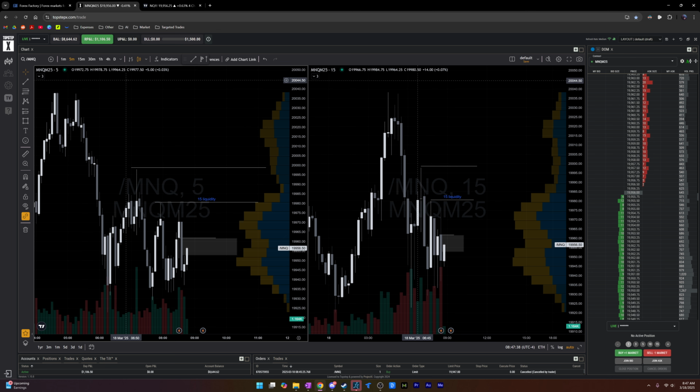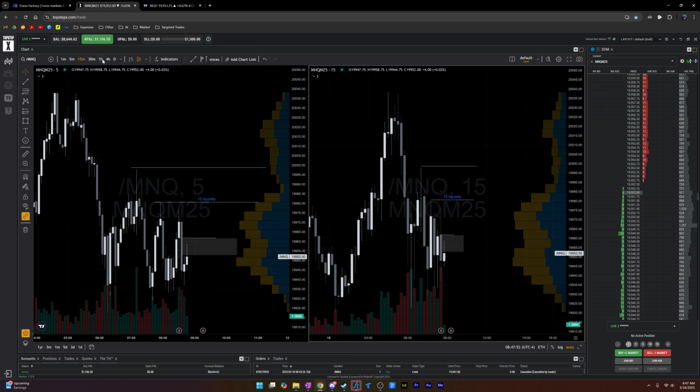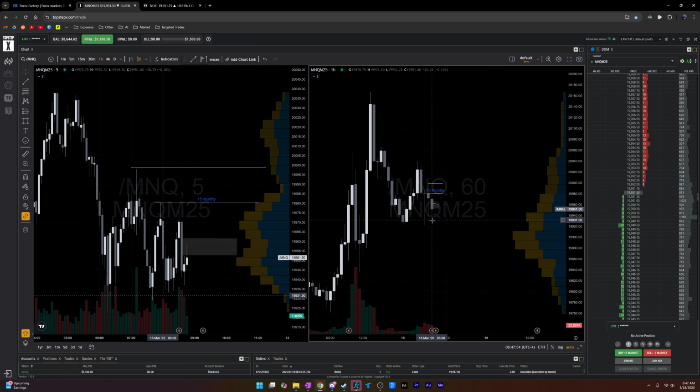Let's say for Top Step, I just want to focus on scalps, like the 1 minute or 5 minute scalps. But then on the side, I may have Trade Day or My Funded Futures open, and I'll focus on the 15 or 30 minute and just focus on a little bit longer plays.